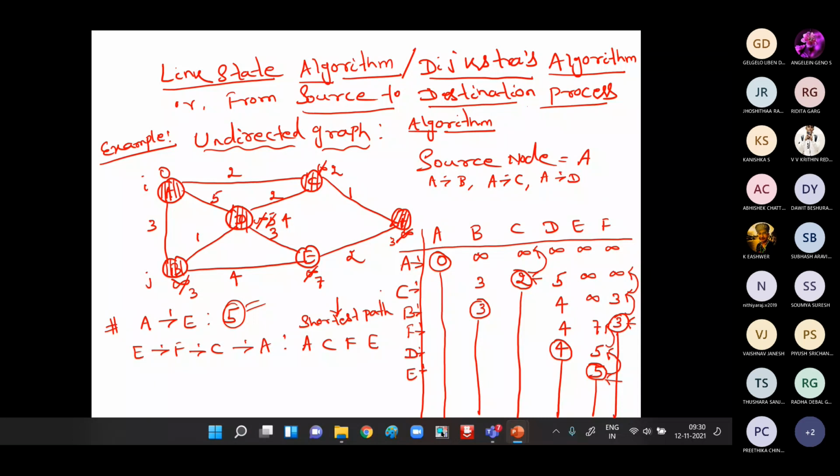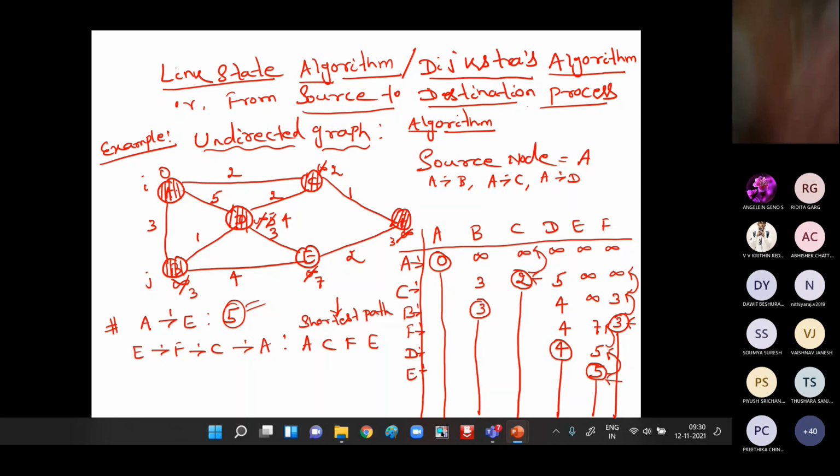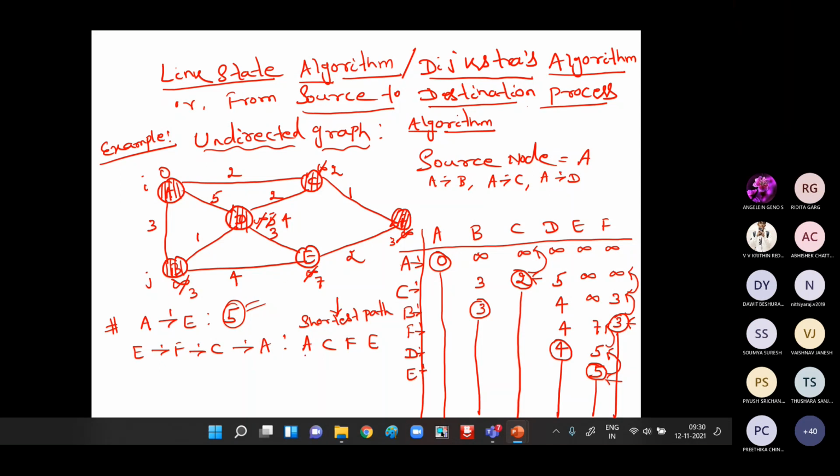First job is done. Then we have to verify the cost, no? A to C, guys, A to C cost value how much? A to C is 2, plus C to F. C to F is 1. F to E is 2.